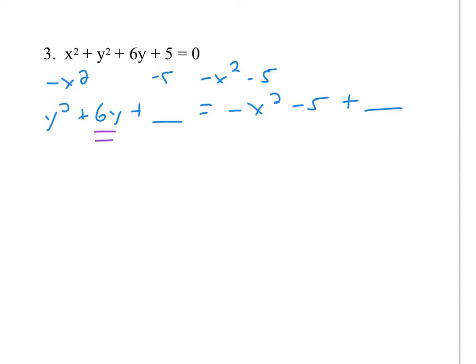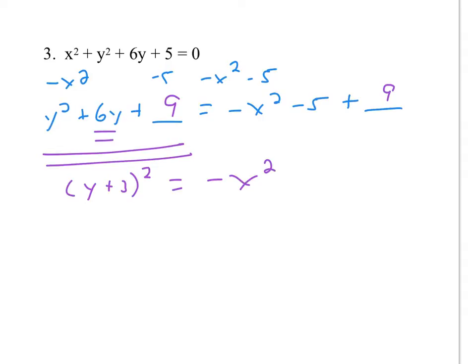Square that 3, I get 9. I'm going to add 9 to both sides. So I have y squared plus 6y plus 9. That, of course, becomes (y plus 3) quantity squared is equal to negative x squared minus 5 plus 9, which is plus 4.